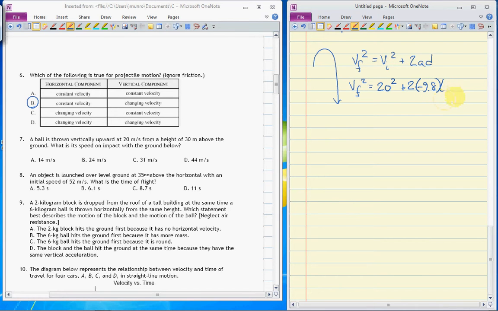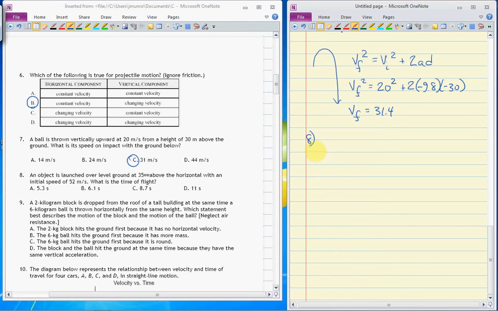And it is negative 30 because it's below. That convention of direction is really helpful, because when you solve this, you will get that VF is equal to 31.4. Of course, we had to square root everything in order to get that number. Let me just put that in there for C.